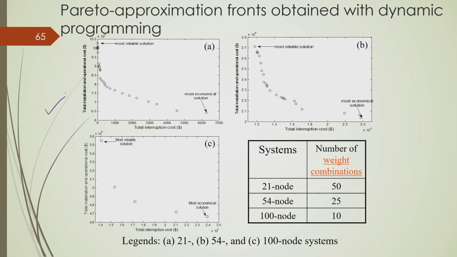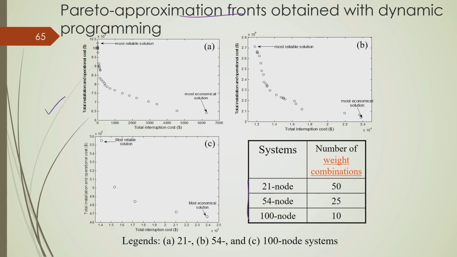By varying these weights into different combinations, we get different solutions, and here are the Pareto approximation fronts, or Pareto fronts, that we get. That is the final non-dominated solution that we got in this dynamic programming approach.